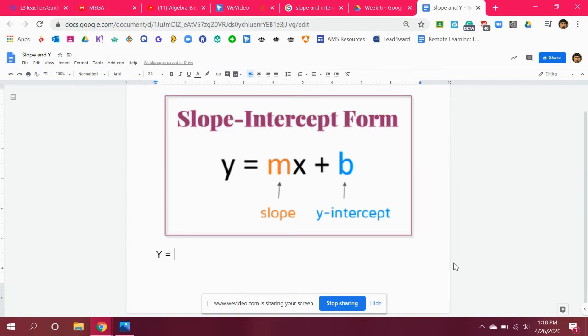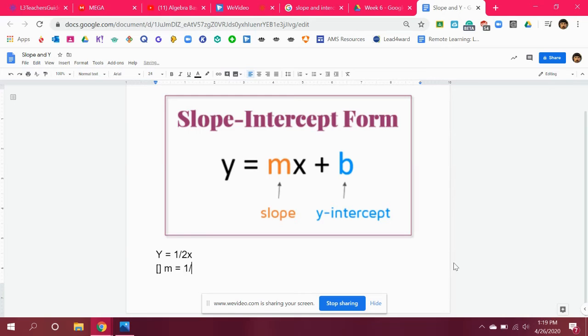Well, what about this one? What's my slope? Yep, 1/2. What is my y-intercept? -5. Good job. Now, what if there is no y-intercept? That's easy.